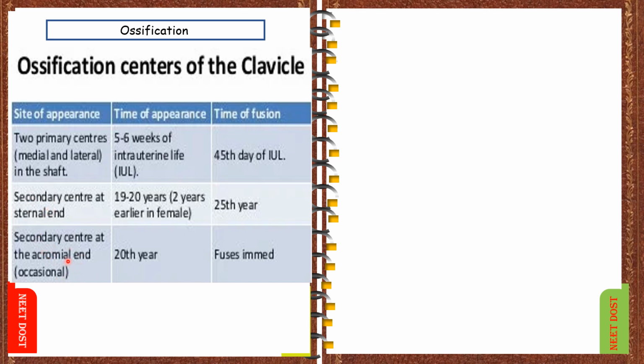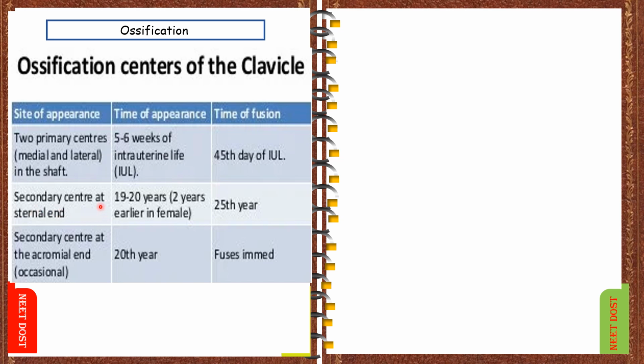The acromial end secondary center is occasional. The time of appearance of the two primary centers of the shaft is 5 to 6 weeks of intrauterine life.